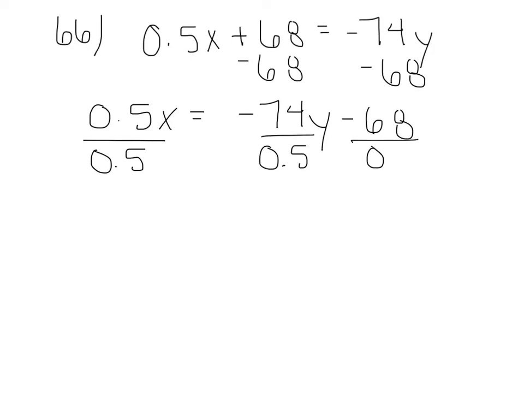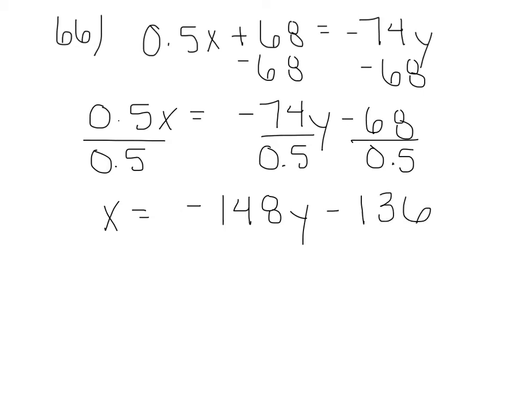And actually dividing by 0.5 is the same as multiplying by 2. So since it's the same as 1/2, you would multiply by 2 over 1 to clear the fraction. So that's why this is actually going to be 74 times 2, which is 148y, minus, and then it's also going to be 68 times 2, and that will be the 136.